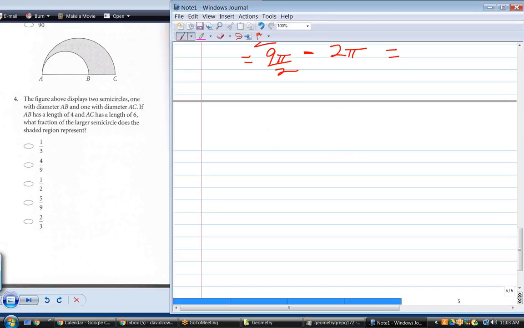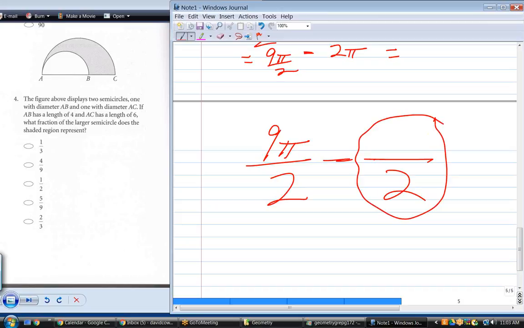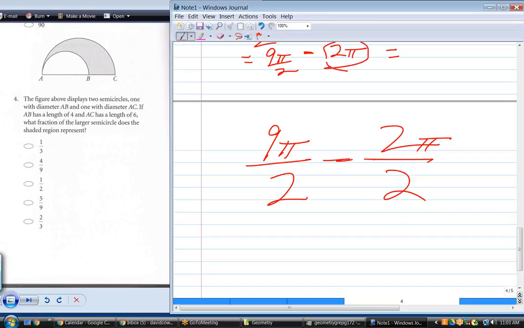My common denominator is 2. So whatever this number is has to have a 2 down there. And now I have to figure out what to make its numerator such that the whole thing is still 2 pi. Well, what would the numerator be that would cause that to be the case? Just 2? 2 pi over 2 is the same as that? No, it's not.